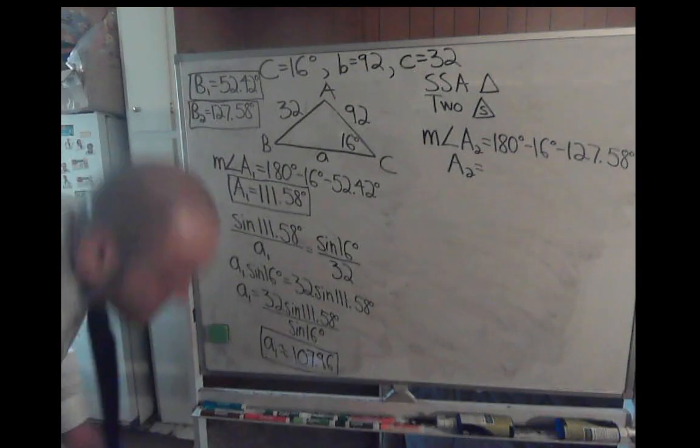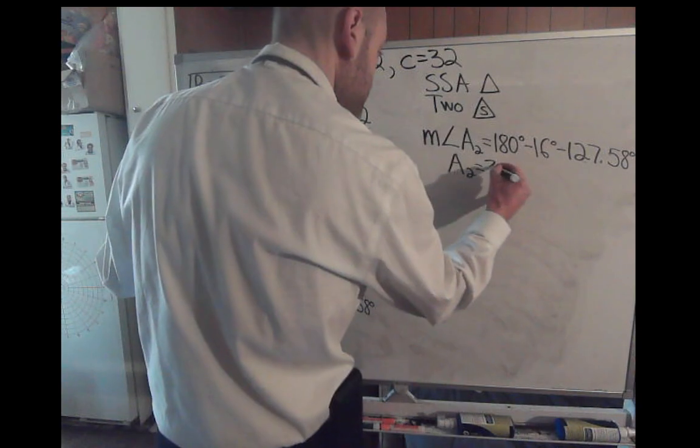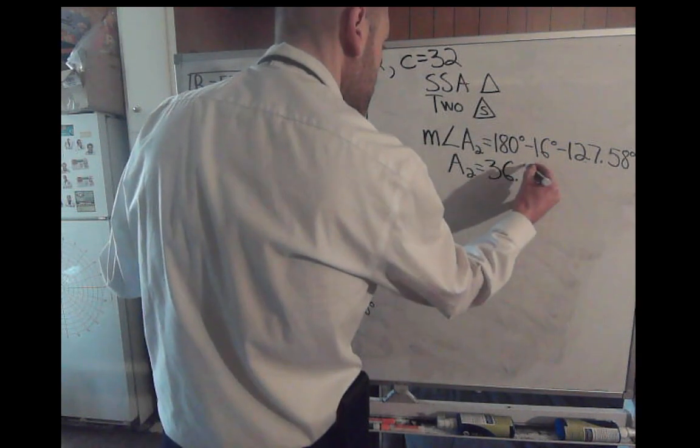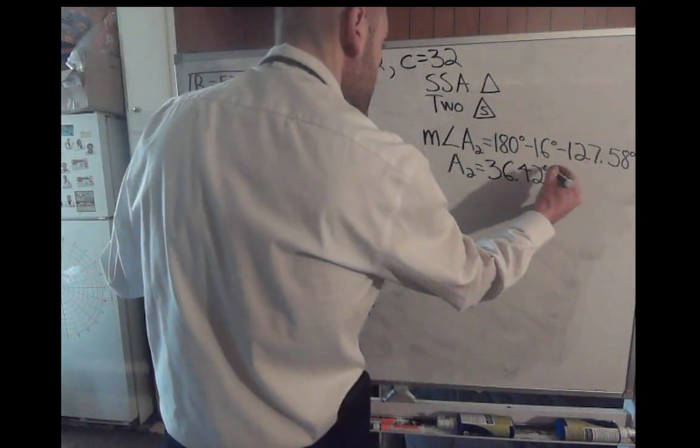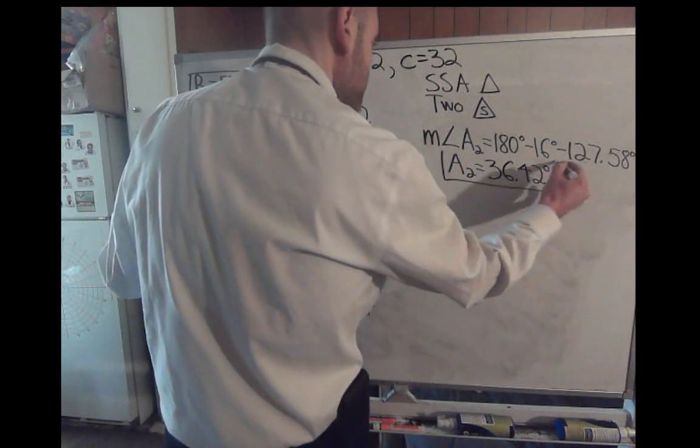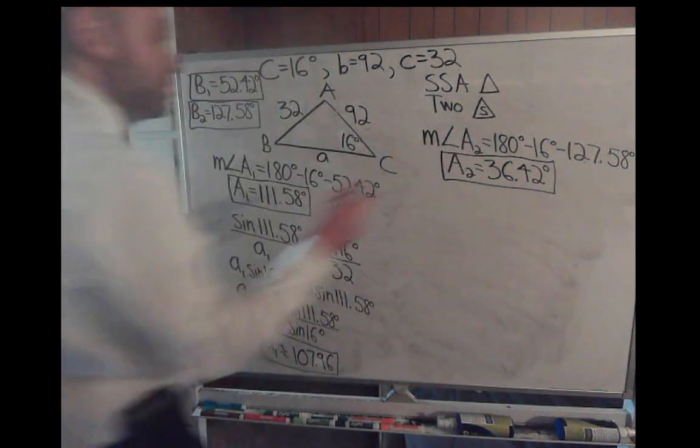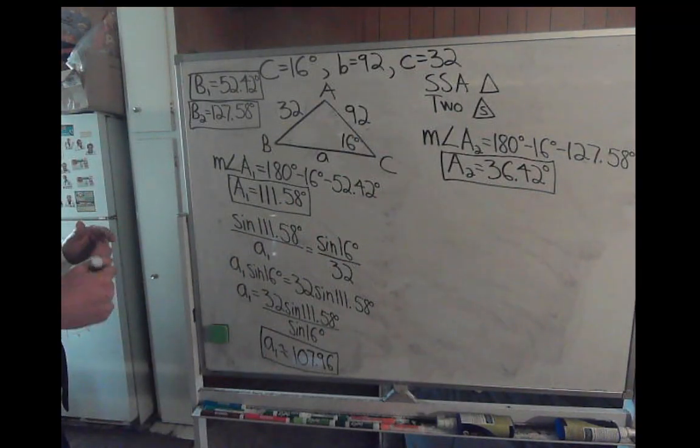You would get 36.42 degrees. So that means the second triangle, angle A, would be 36.42 degrees.